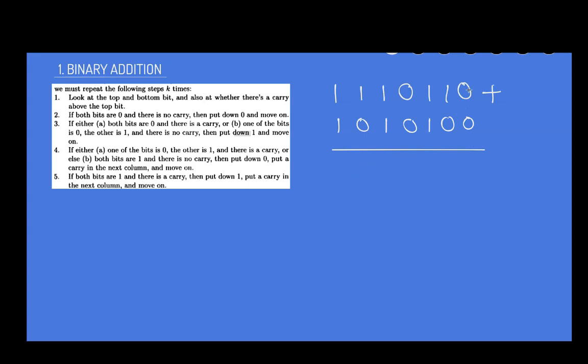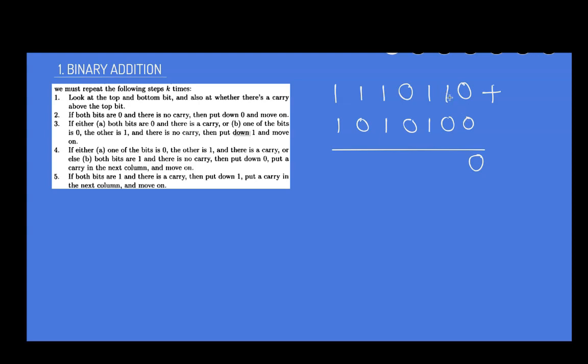Now we will be considering the bits in ones place. First, here we have 0 and 0 as the top and bottom bit. There is obviously no carry. So, using rule 2, since both bits are 0 and there is no carry, we will be putting down 0 and moving on.